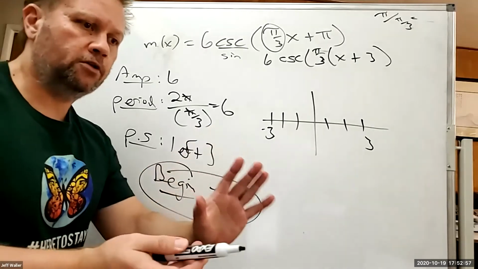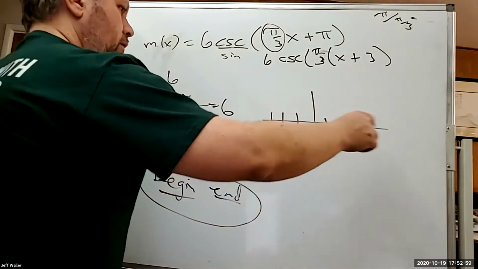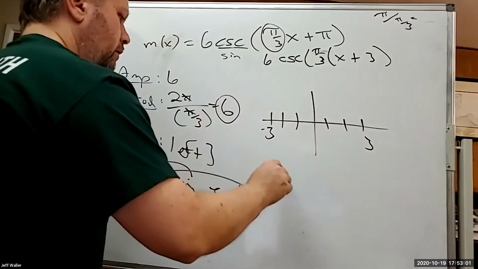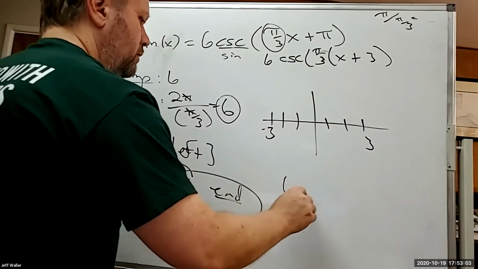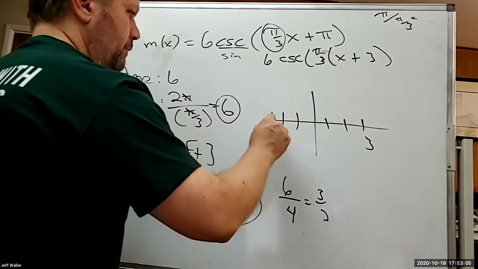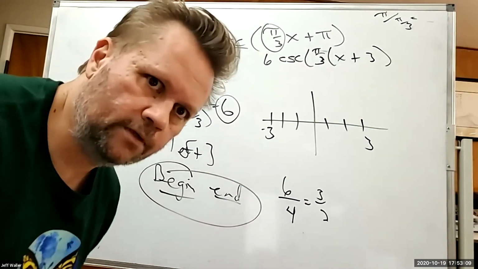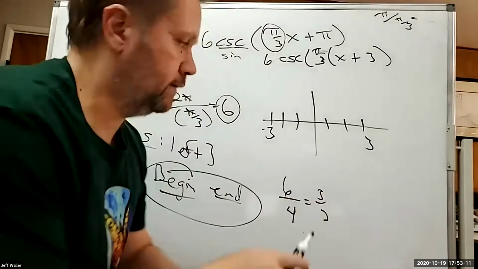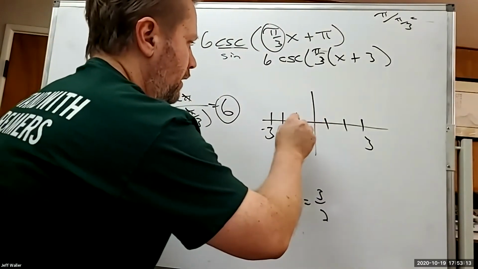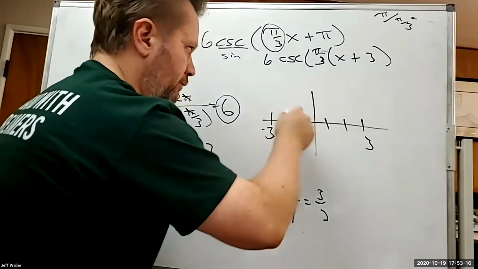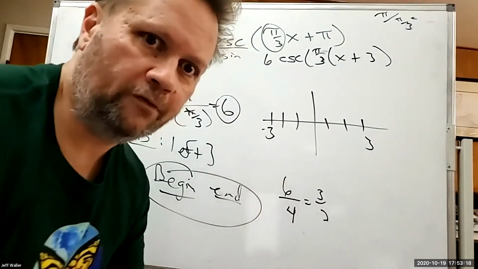So for that, you could do the thing I showed you. You take the period, divide it in 4 parts. So now I know I have to take a step of 3 halves. Is that all right? And of course, if I cut it in half and then cut it in half again, it matches with the step of 3 halves. I don't know if you followed me on that.